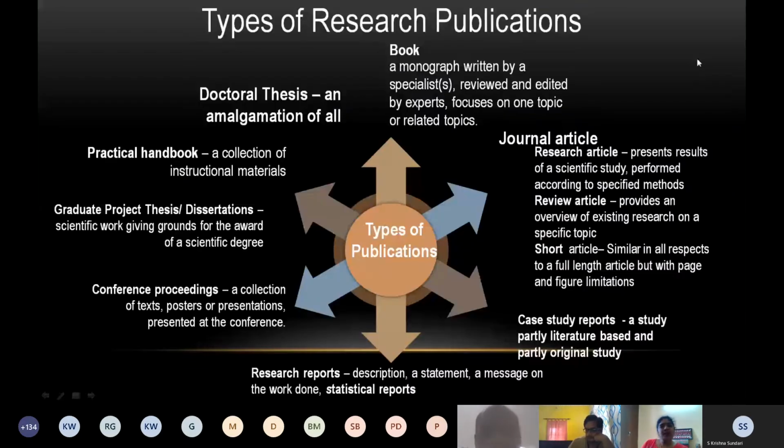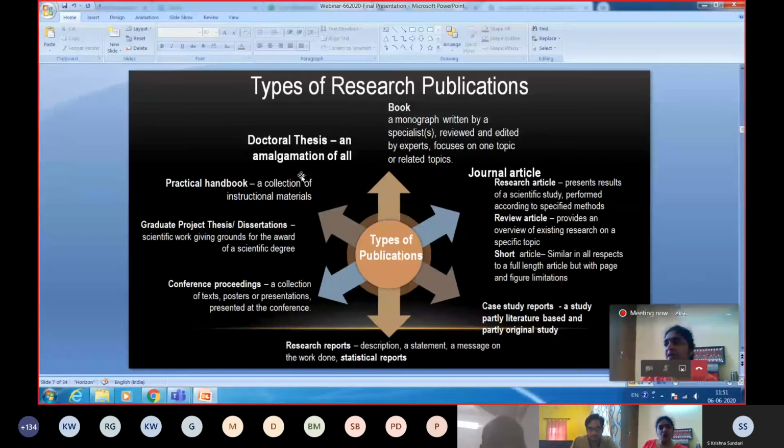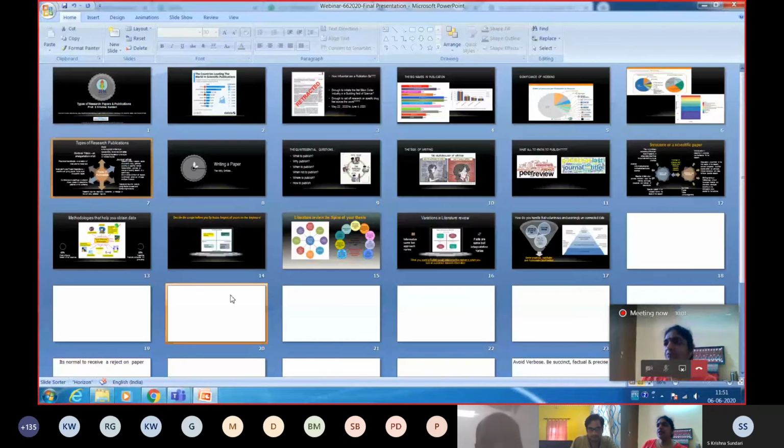Now coming to the main topic of my talk, what are the types of research publications? There are many types of research publications like what you are seeing here. You have a book, a journal article, a case study report, a research report, a conference proceeding, a graduate project thesis, a practical handbook, and also a doctoral thesis.